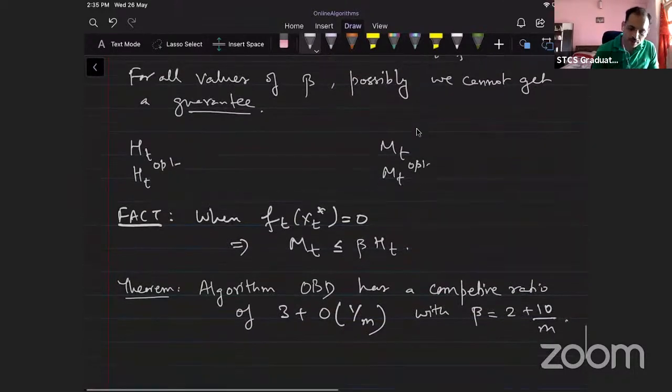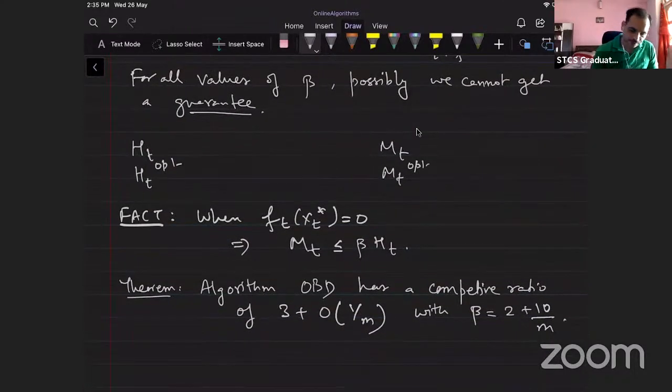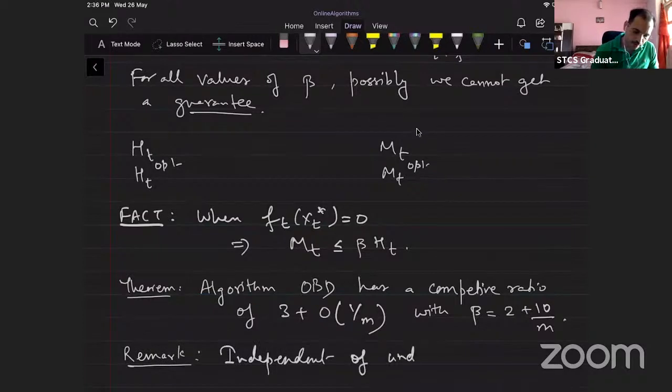That is why I said we'll have to choose a particular value of beta. And remark that this is independent of the underlying dimension of the functions.